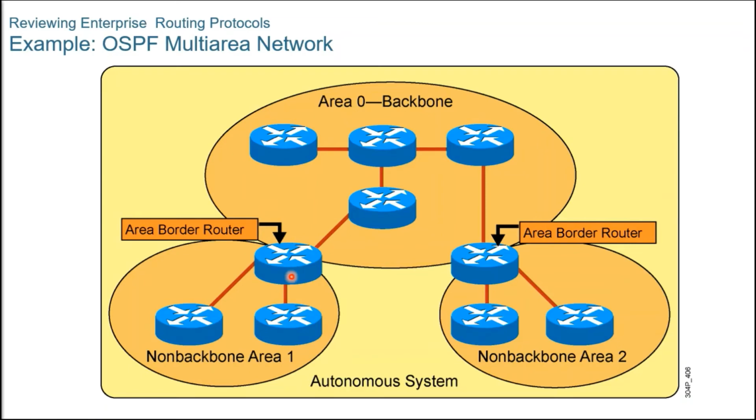A router is a member of an OSPF area when at least one of its interfaces operates in that area. Routers that reside on boundaries between the backbone and a non-backbone area are called Area Border Routers, or ABRs, and have at least one interface connected to each area. So the boundary between the areas is within the ABR itself.